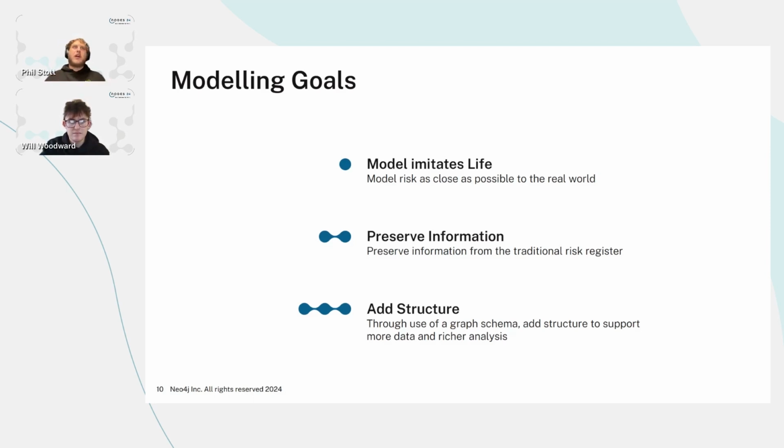And we're not a strong schema database in Neo4j, but by applying some graph schema, by defining ourselves what nodes and properties and relationships we have, we add some structure to support more data. So going forward, adding more information and also the richer analysis of the data that we have.